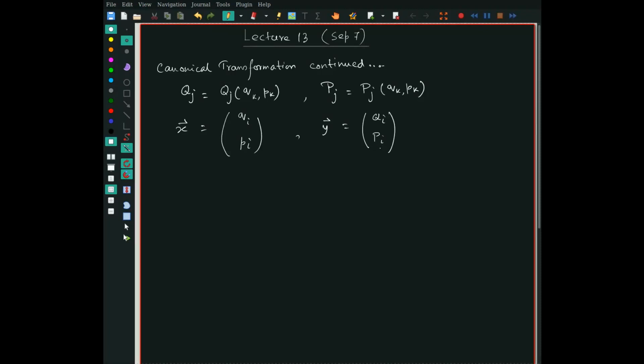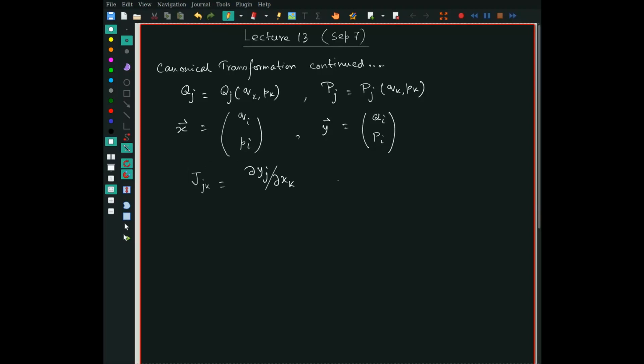In that case, I defined something called a Jacobian matrix. The jkth element would be given by del yj over del xk.